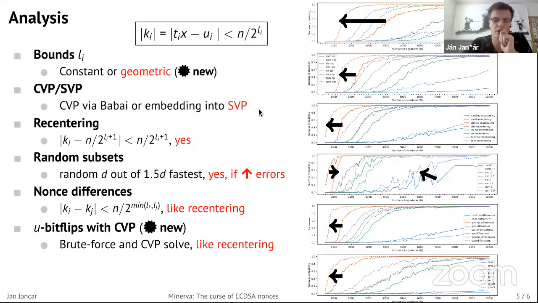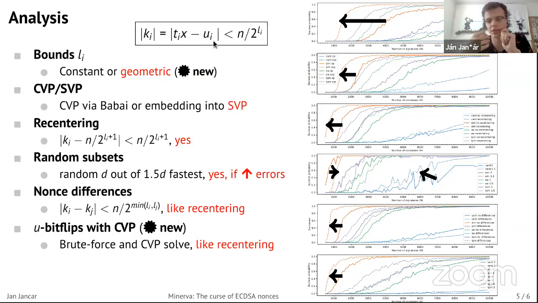If you use SVP, you embed the information about these U values into the lattice. So after you reduce it, you cannot change them anymore. If you want to change them, which allows you to fix some errors, you have to use CVP, and then these U values are only in the target vector.